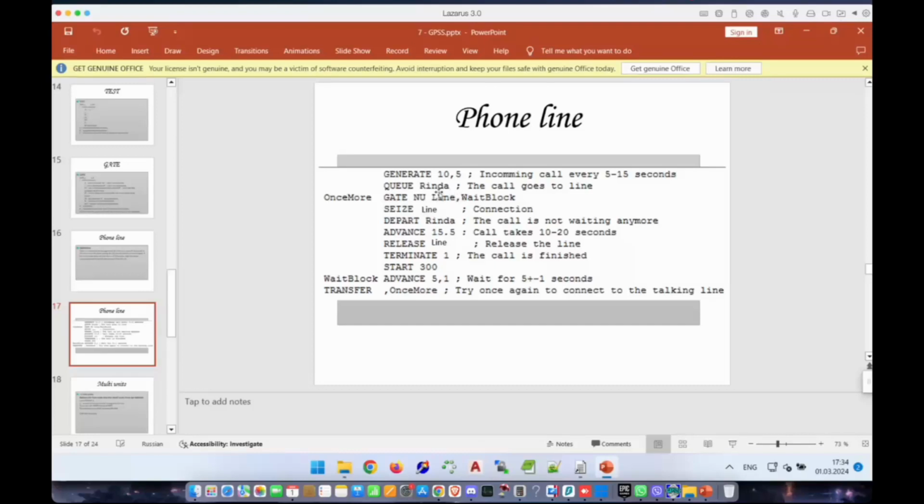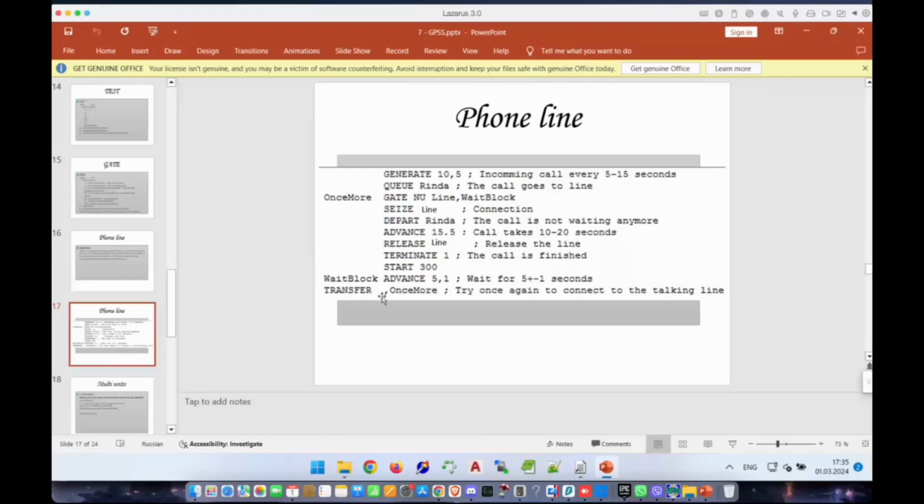Otherwise, if the line is occupied, then the transact is pulled to the wait block. Here we have the name of the line wait block, and here we have the freeze time for the transact: 5 seconds plus minus 1 second.